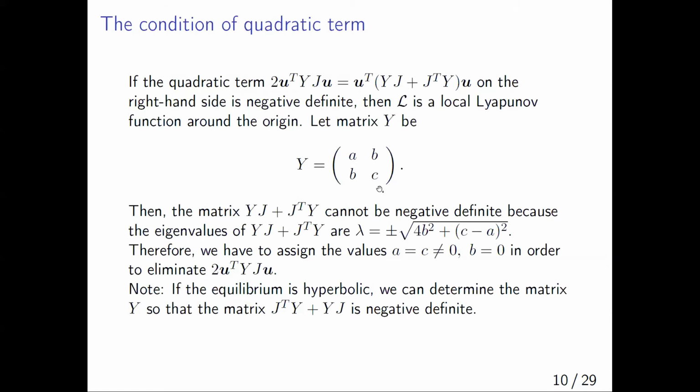Let matrix Y be like this. The eigenvalues of YJ plus J transpose Y are these. So the matrix YJ plus J transpose Y cannot be negative definite.